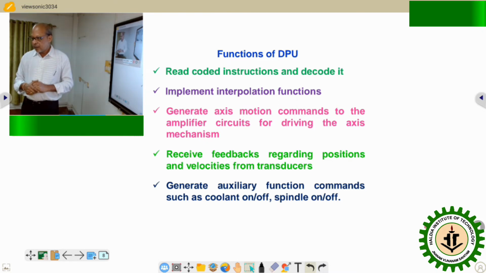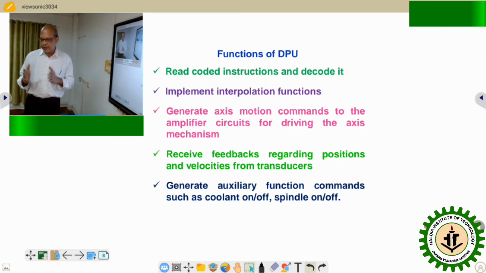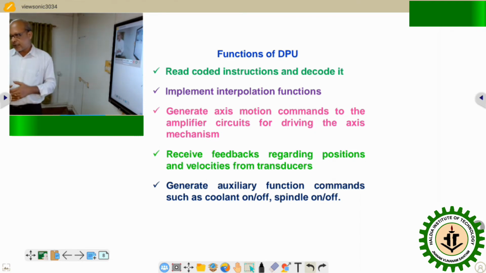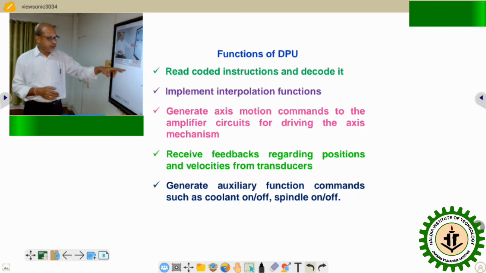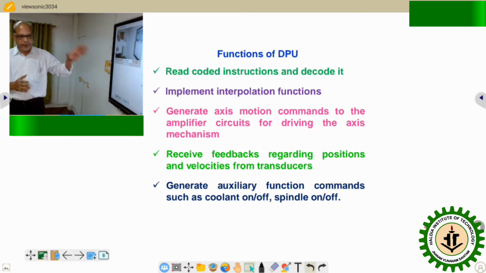B-spline, NURBS surface, Bezier curves are some of the very popular free form surfaces used for difficult to machine areas or very complex surfaces used in aerospace industries or automotive components. Anyway, mostly the interpolation that the system can execute belongs to point, straight line and circular.